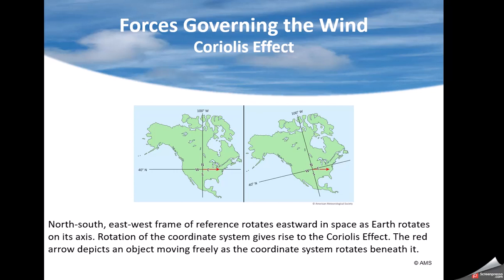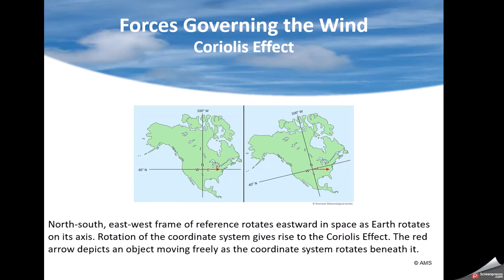Coriolis force may be one of the more complex and unique forces we've got. All right, the Earth rotates. We know that. We see the sun rise in the east and set in the west every day. The Earth rotates to the east. That's what causes that.